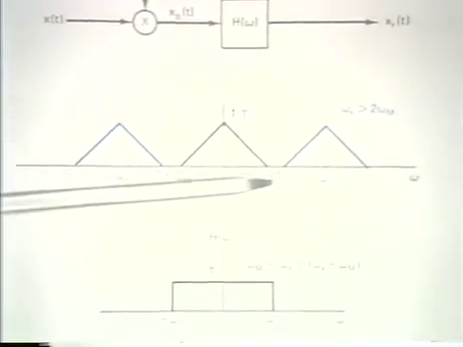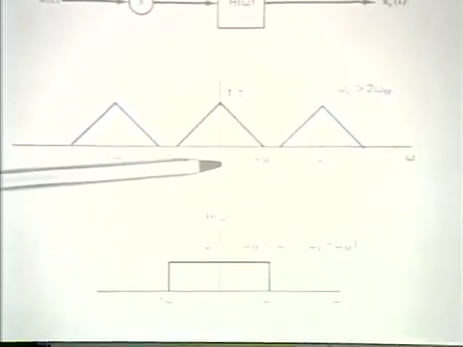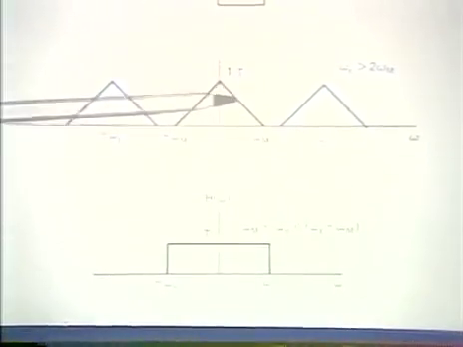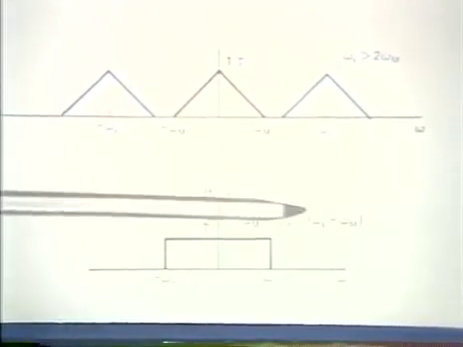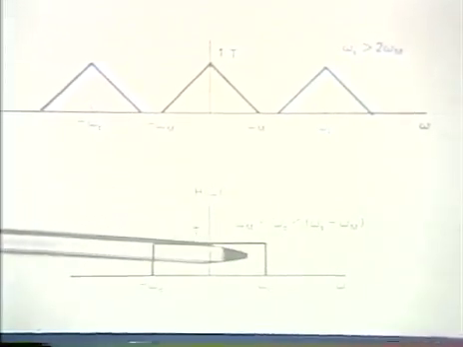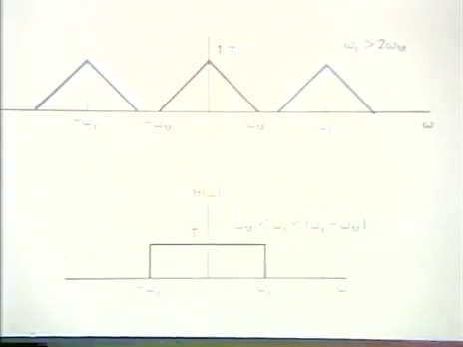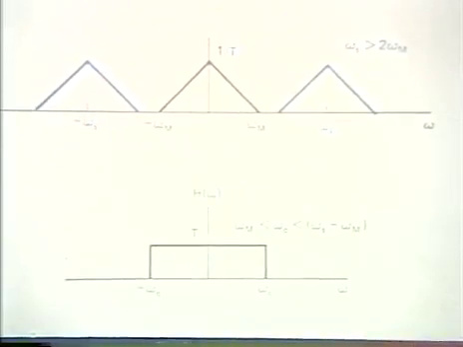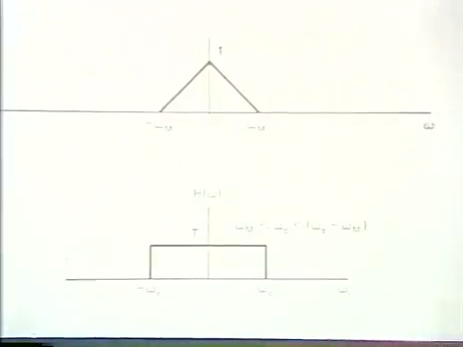And then finally, to recover the original signal or to generate a reconstructed signal, we then multiply this in the frequency domain by the frequency response of an ideal low-pass filter, and what that accomplishes for us then is recovering the original signal.